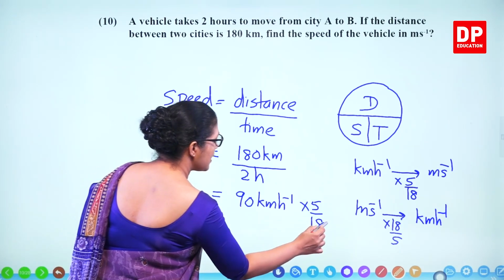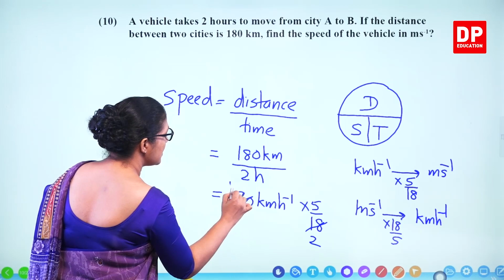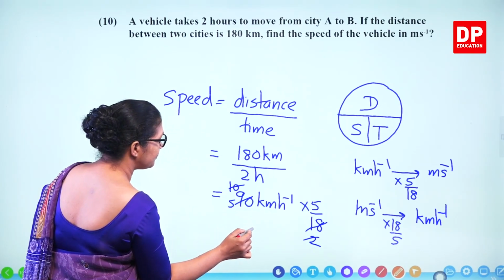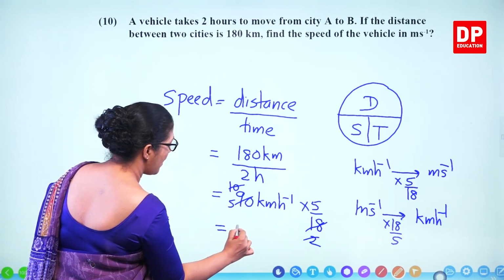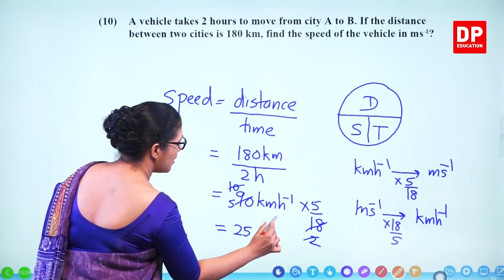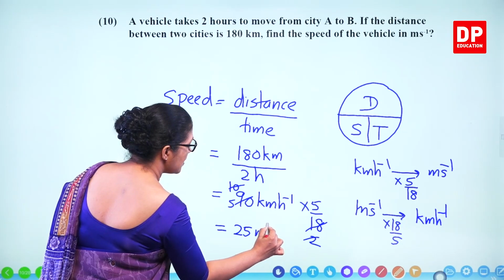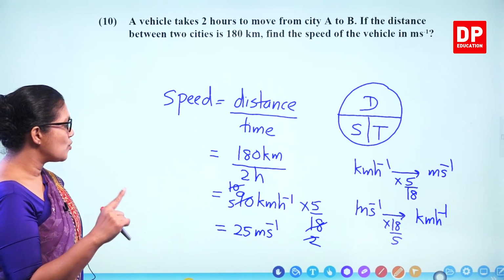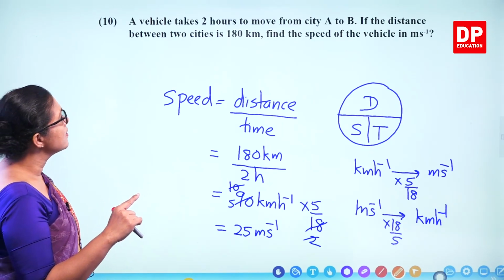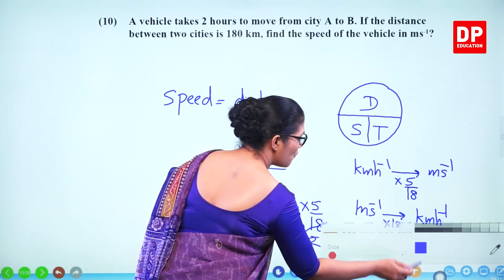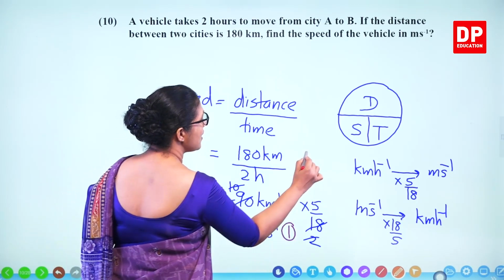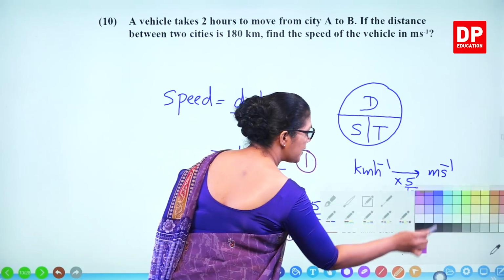So what's the value? 9 times 2, 9 times 10, so 5. 5 times 5, 25 meters per second now. So 90 kilometers per hour is 25 meters per second. So that's the speed of the vehicle. You get 2 marks. 1 mark for the answer and 1 mark for the method.